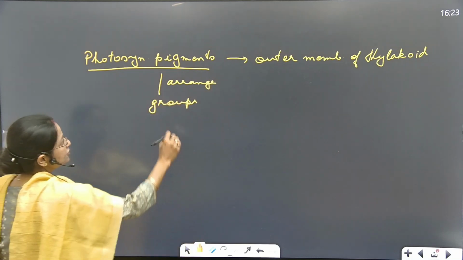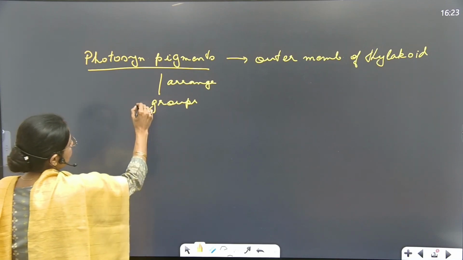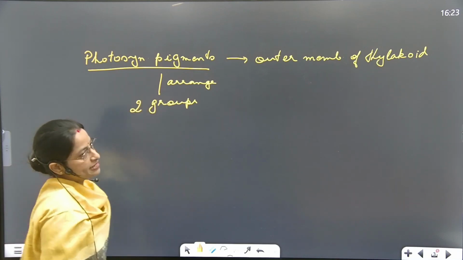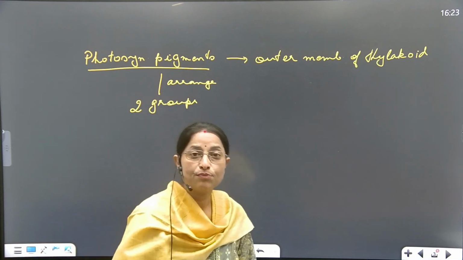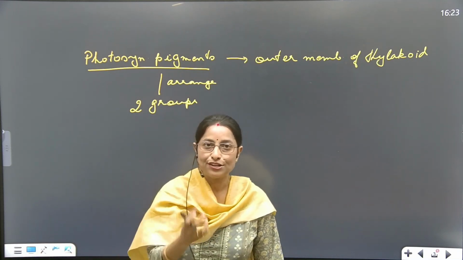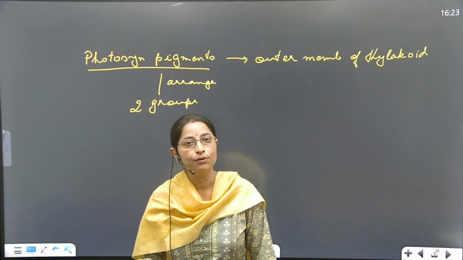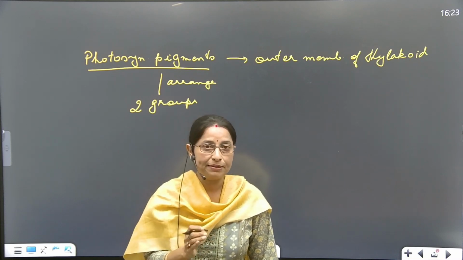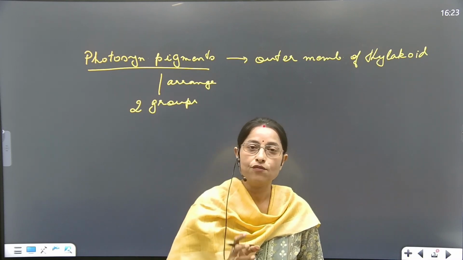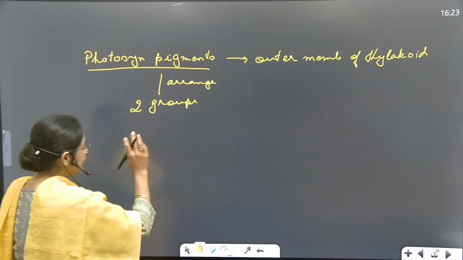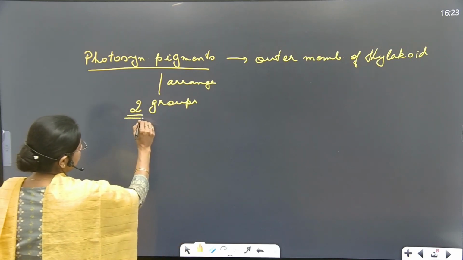The next question: single group or double group? These pigments that are responsible for taking in the light and starting the process, how are they arranged? Obviously in groups. The next question is, how many groups are they assembled in?